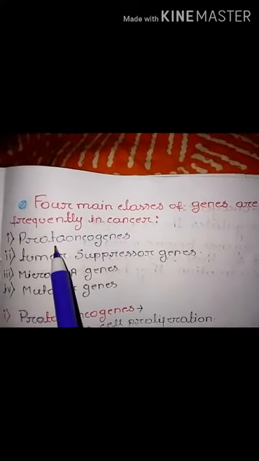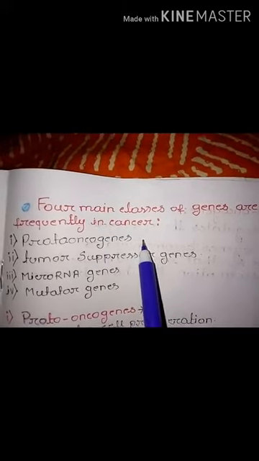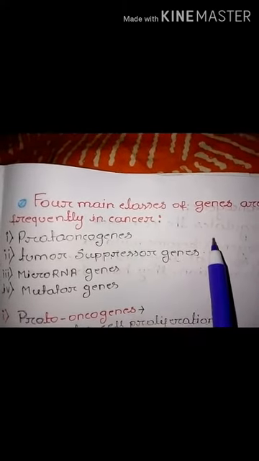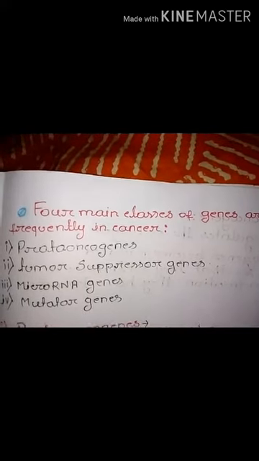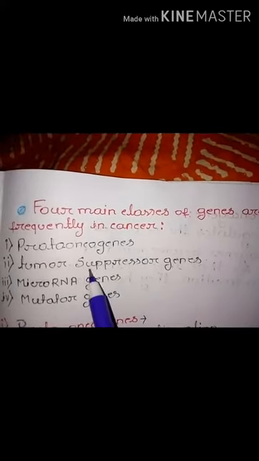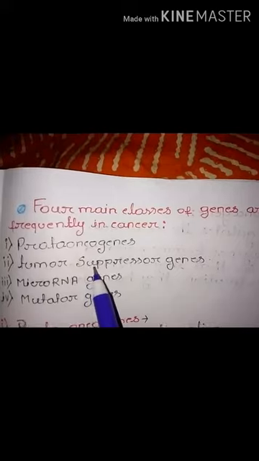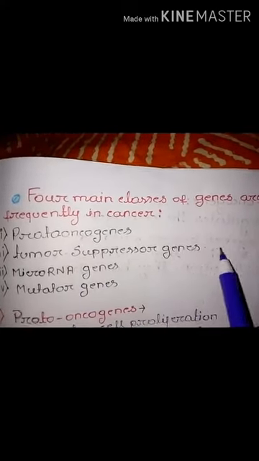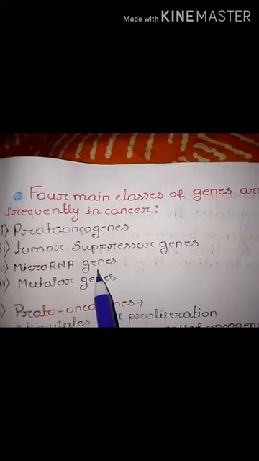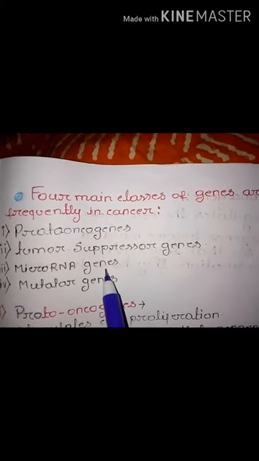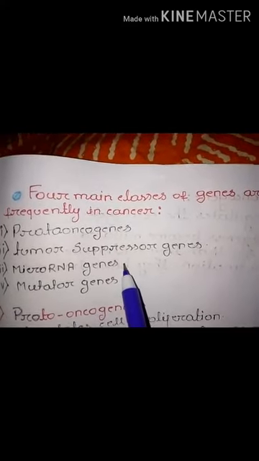Suppose the mutated form of a proto-oncogene is called an oncogene, and it loses its normal function and leads to cancer. Loss of function of a tumor suppressor gene leads to the formation of cancer. There are also certain roles of the microRNA genes.